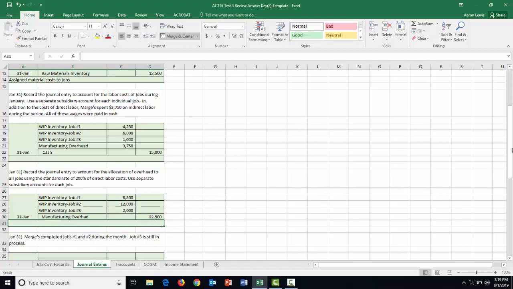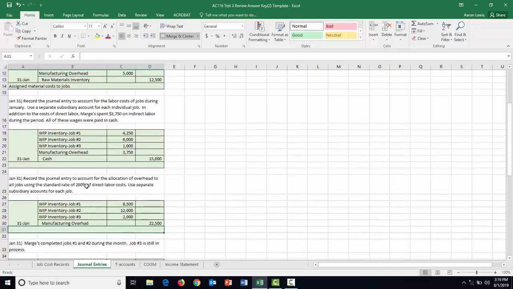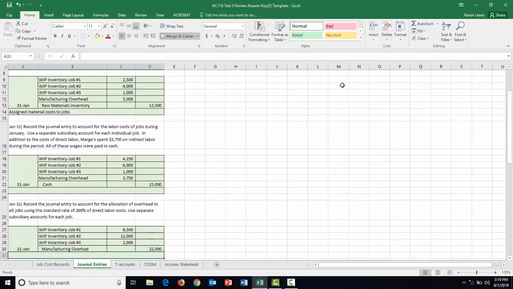This is a good checkpoint, right? We know that our allocation rate is 200% of direct labor costs. Well, if we scroll up to the journal entry we already did, our direct labor costs were the sum of these numbers, which, if you add this number and this number, comes out to $11,250.